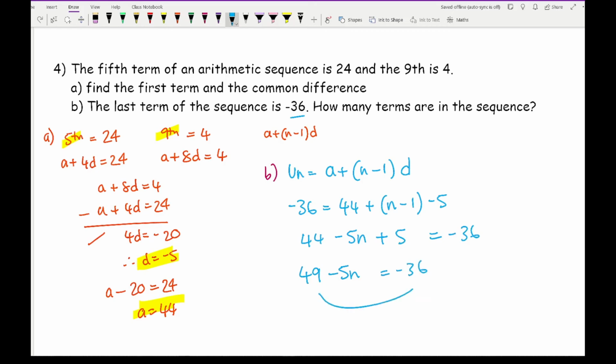Taking the 49 over to the other side, I end up with minus 5n equals minus 36 minus 49, which is minus 85, and therefore n equals 17. We should be expecting a positive number because I'm looking for a position, and obviously you can't have a negative position, so that does look valid.